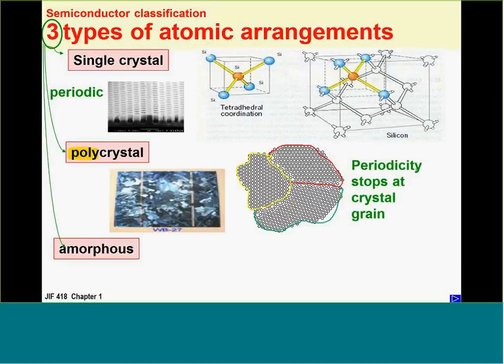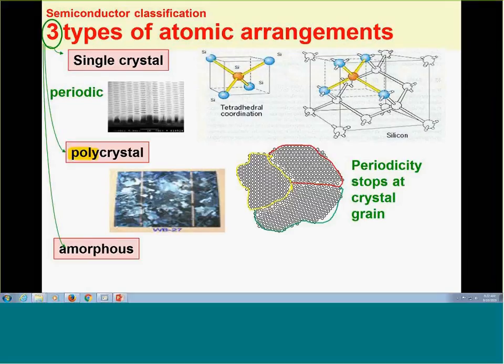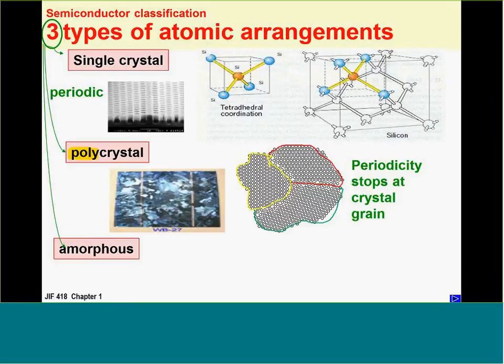If you look here, the periodicity stops at the crystal grain. So it stops here at the grain, at the end. Actually, the grain boundary is a defect by itself. If we look at the single crystal, it has no grain boundary. This is all one crystal.